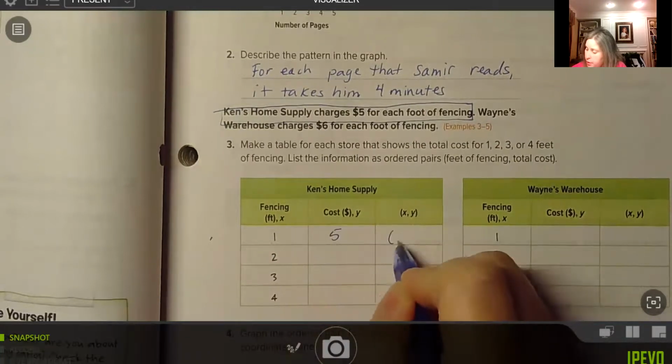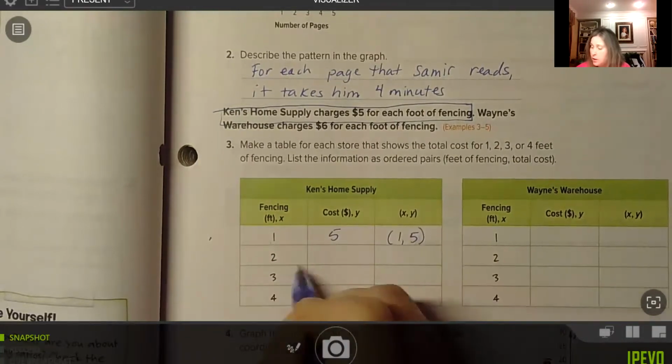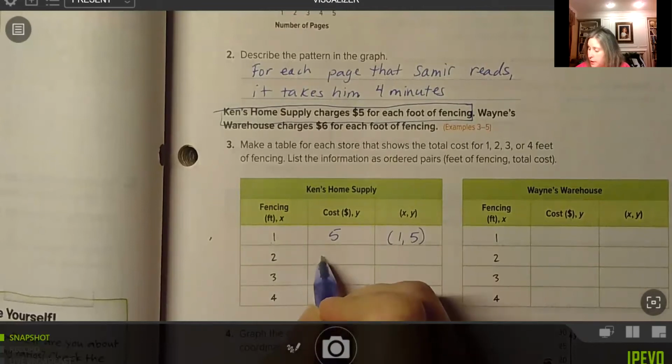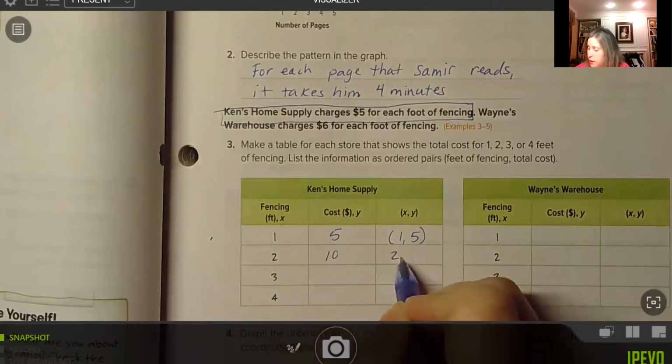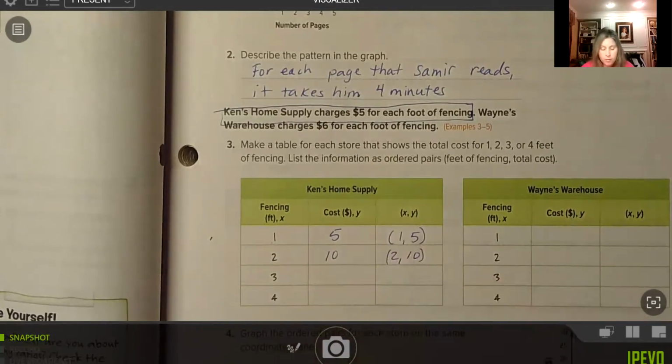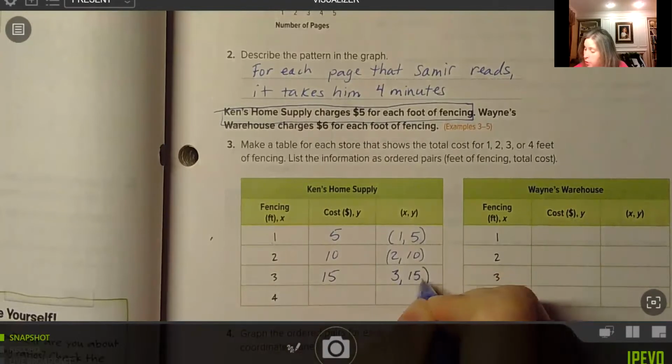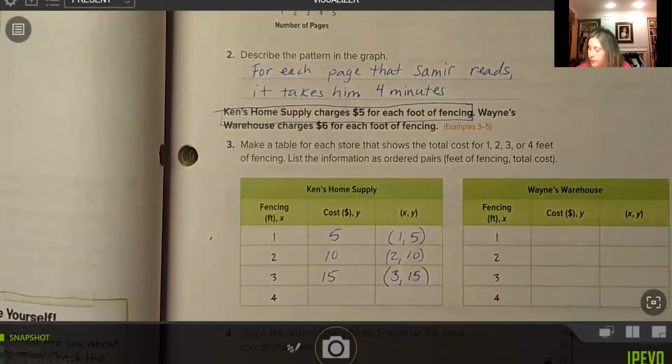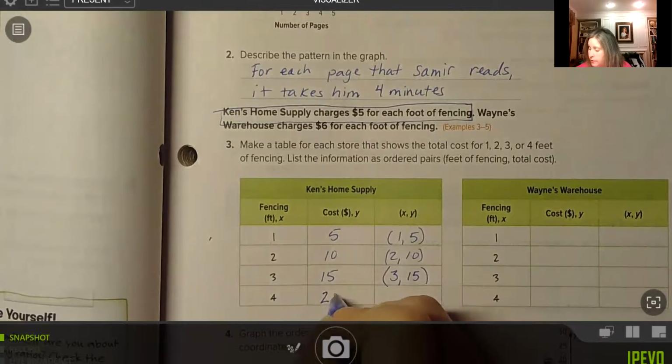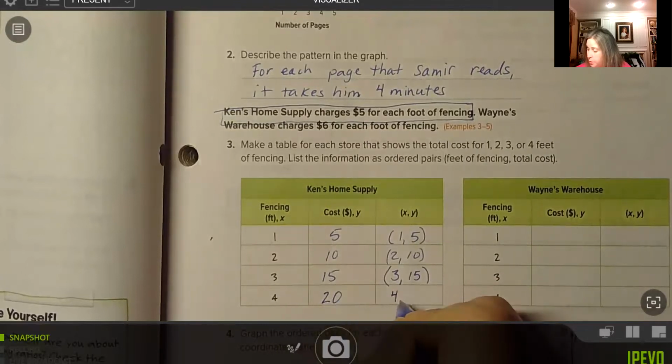So 1, 5. 2 feet of fencing at $5 per foot will be $10. So 2, 10 as our ordered pair. 3 feet of fencing will be $15. So 3, 15 for our ordered pair, and 4 feet of fencing at $5 per foot will be $20.